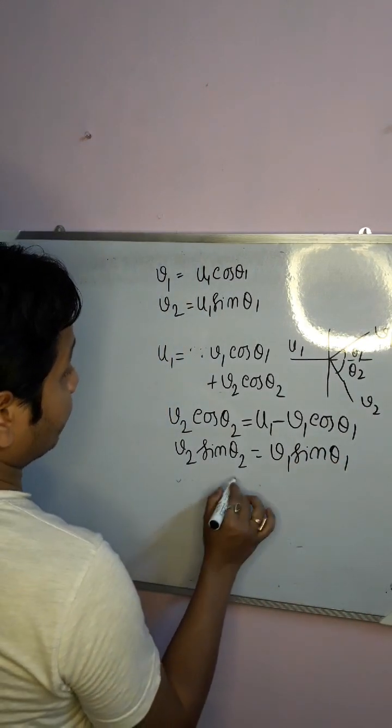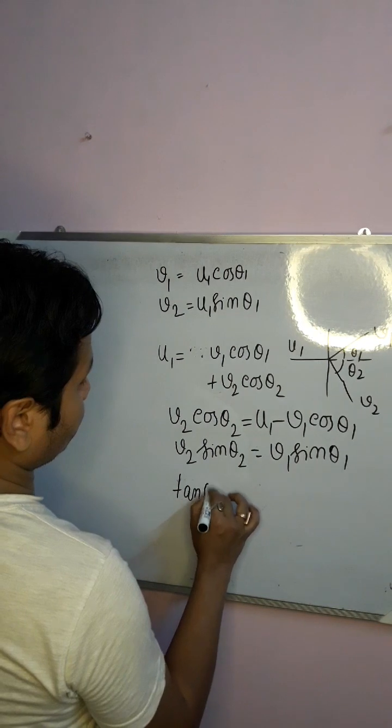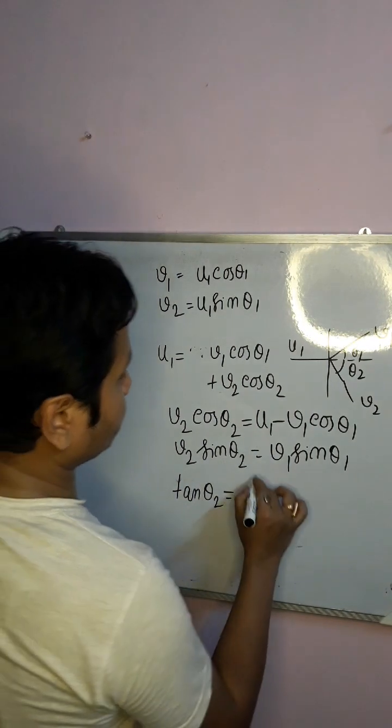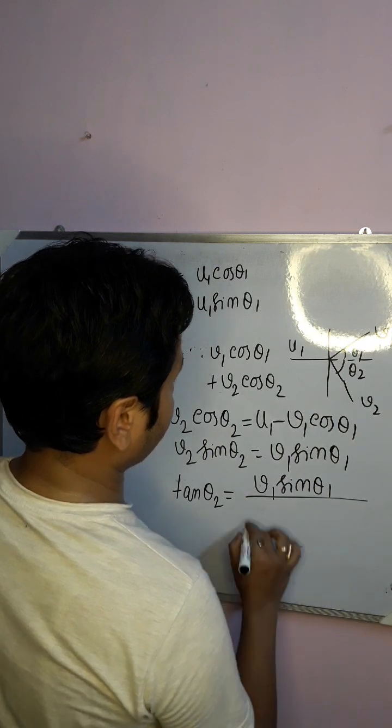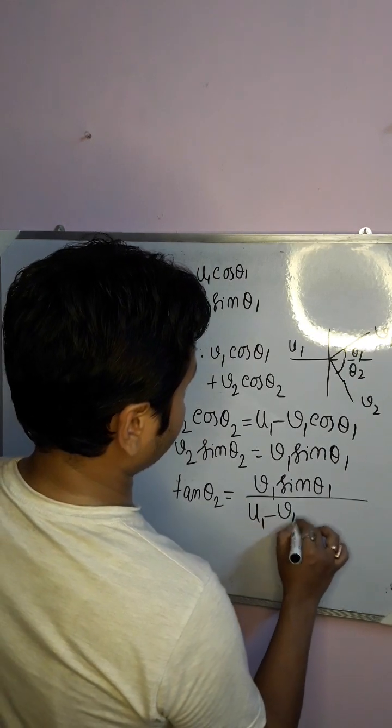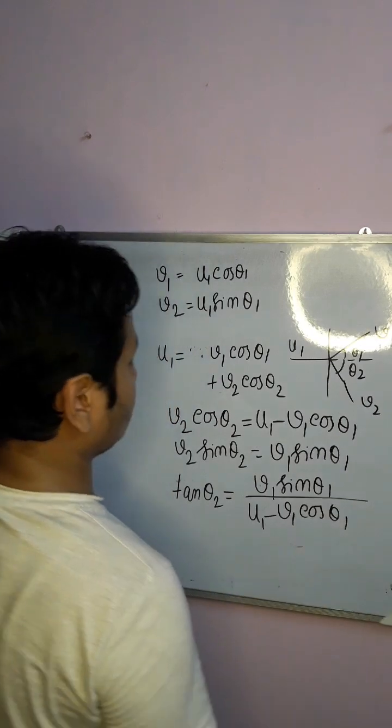So what will be my tan theta 2? My tan theta 2 will be this divided by this, that means v1 sin theta 1 by u1 minus v1 cos theta 1.